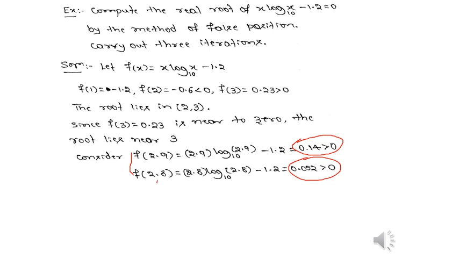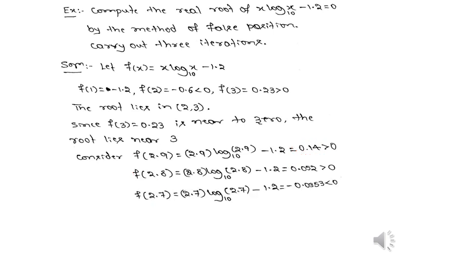Let us go for one more value, 2.7. The functional value is negative now. We can say now, because this value is positive and this value is negative, we got opposite signs. Our root lies between 2.7 and 2.8 because the functional values are having opposite signs.